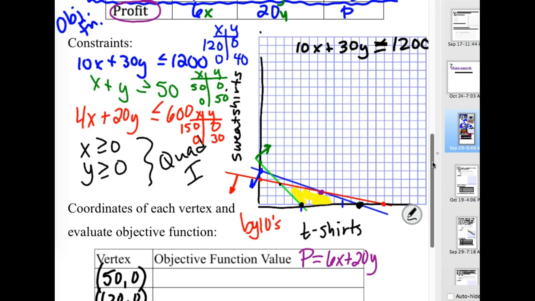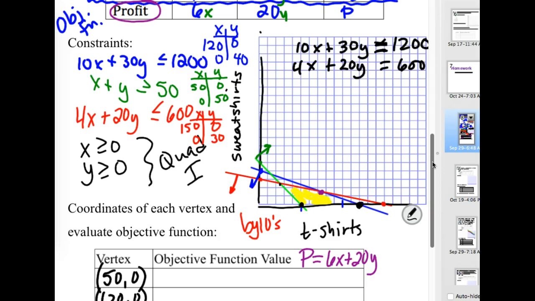Again, we're going to just focus on the equal ones. 4x plus 20y equals 600. So now what would we have to do if we were going to use elimination? What would we do? This one would not work well with substitution, right? We'd get a lot of fractions. It can be done. It's just not fun.